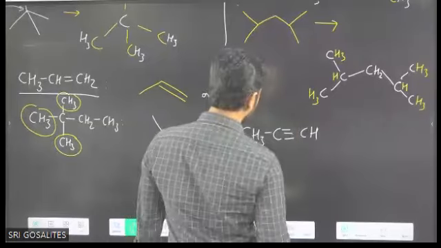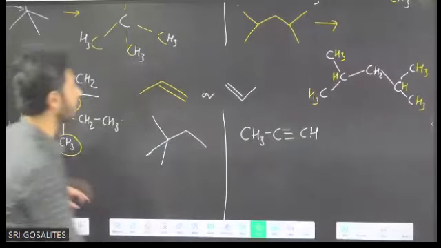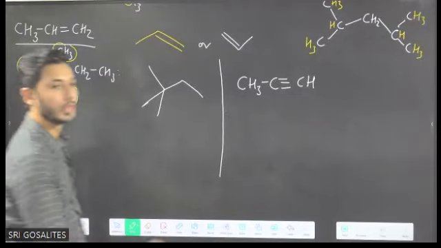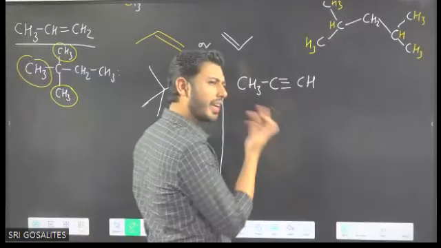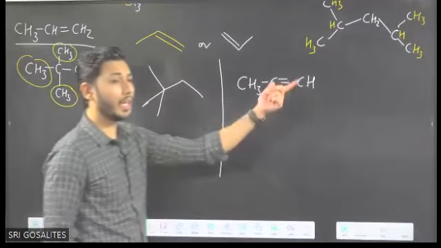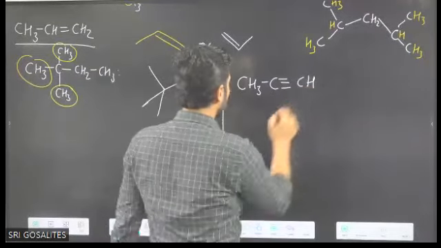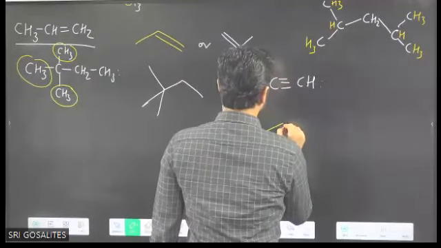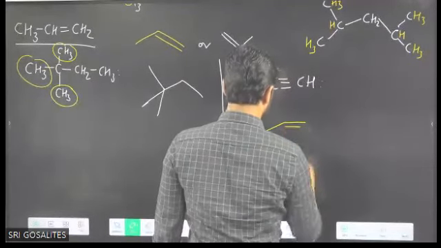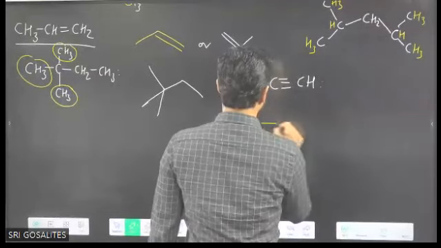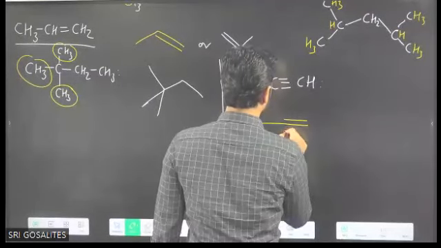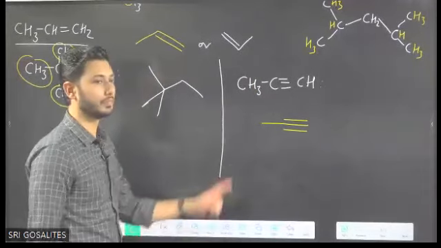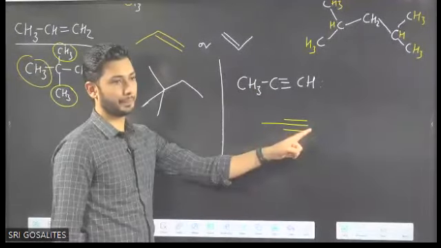Now next, I give you a basic example for the alkyne. We can write it from another angle also, but in alkyne we have to remember it should be a straight line with the triple bond like this. It is the correct representation for alkyne.